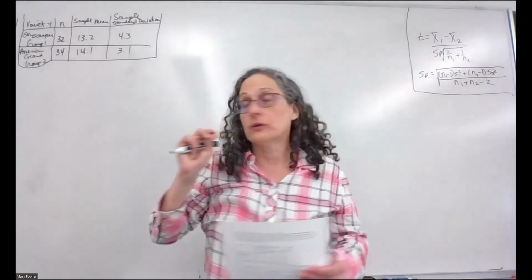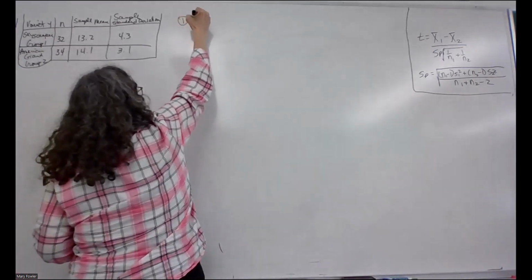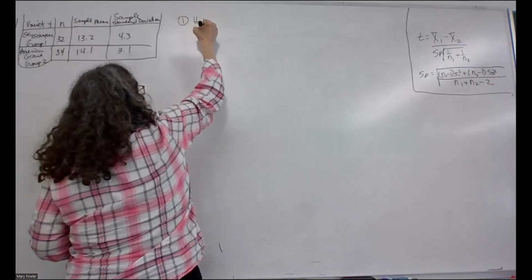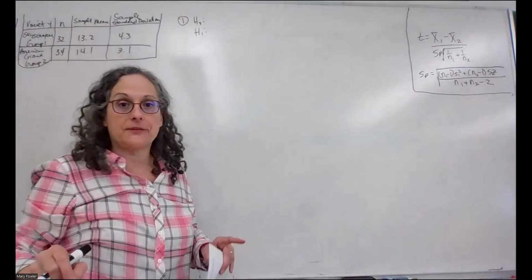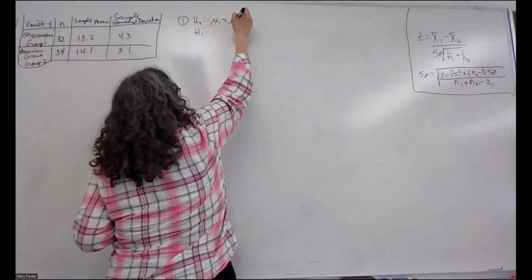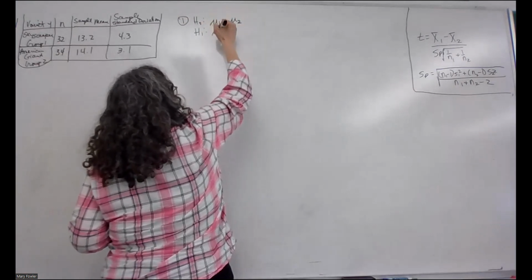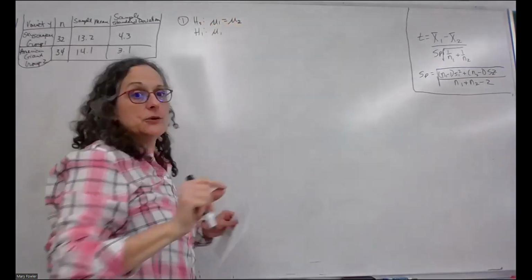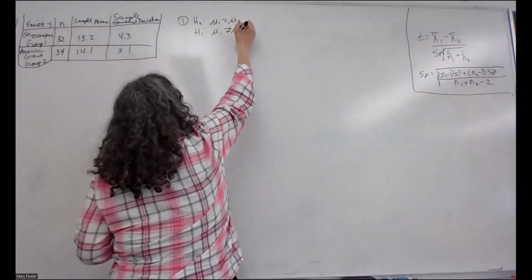Okay, so let's go ahead and look at our first step in the hypothesis test, which is going to be the determination of the null and alternative hypothesis. So the null hypothesis is that mu1 equals mu2, and the alternative hypothesis, keyword differ, mu1 does not equal mu2.